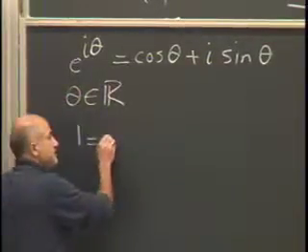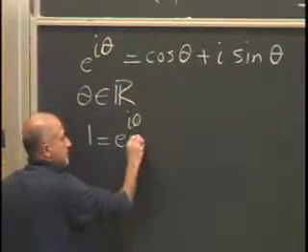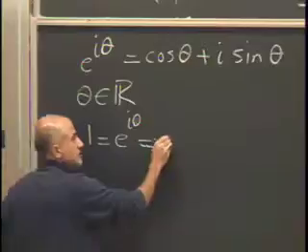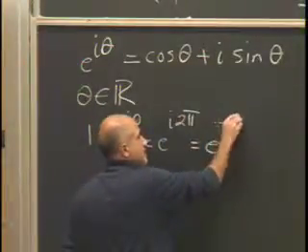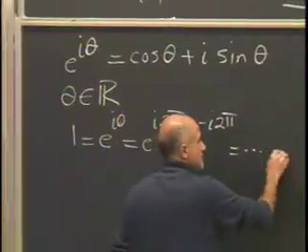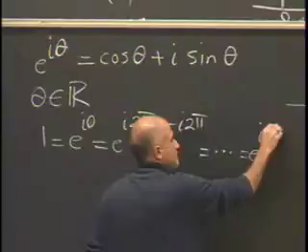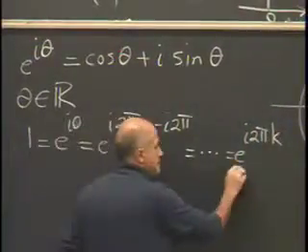E to the I0, or e to the I 2 pi, or e to the minus I 2 pi. In general, e to the I 2 pi k, where k here is an integer.